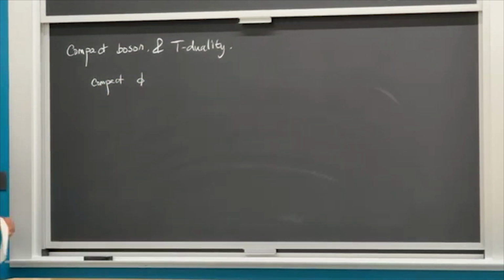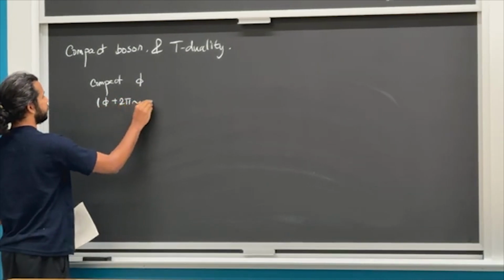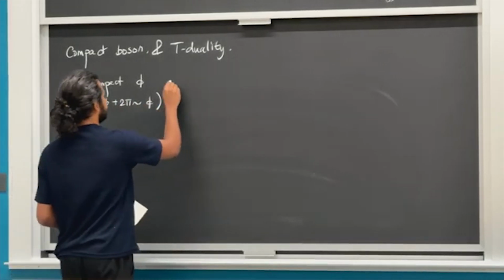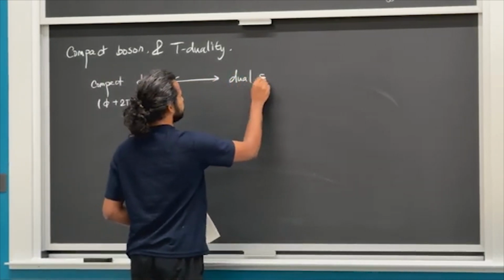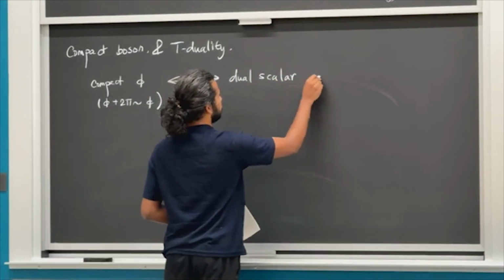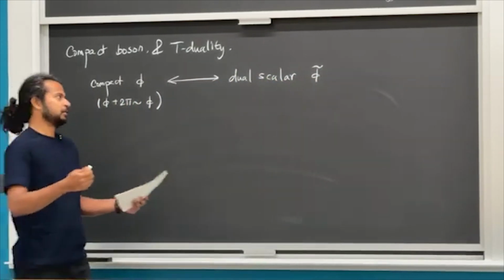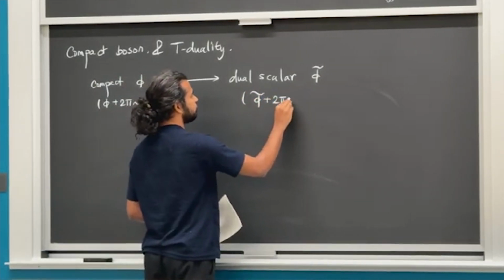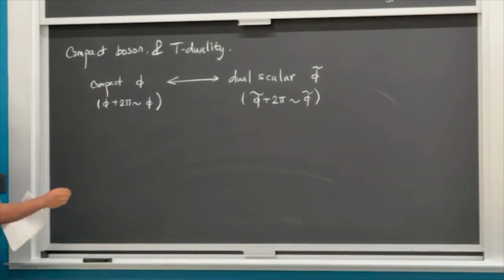Compact means phi plus 2 pi is identified with phi, and then we discovered that this had a dual scalar that we call phi tilde, and we derived that phi tilde was also compact for certain consistency conditions to hold.